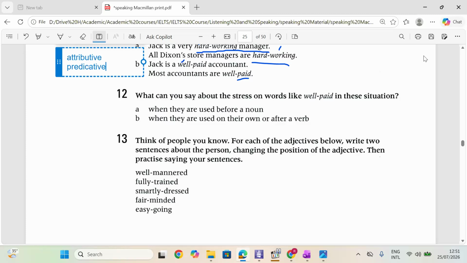For the interview, he looked very smartly dressed. She's a fair-minded manager who listens to all sides. The team leader proved to be completely fair-minded. He's an easygoing person who rarely gets stressed. When everything goes wrong, she stays easygoing.